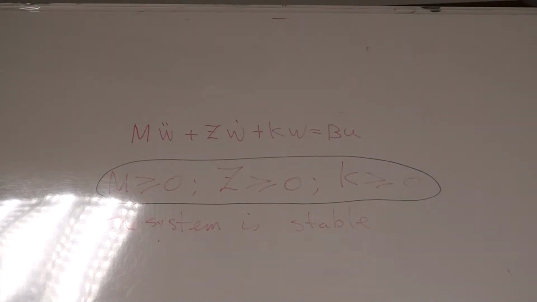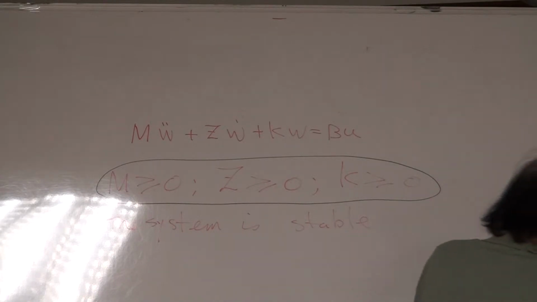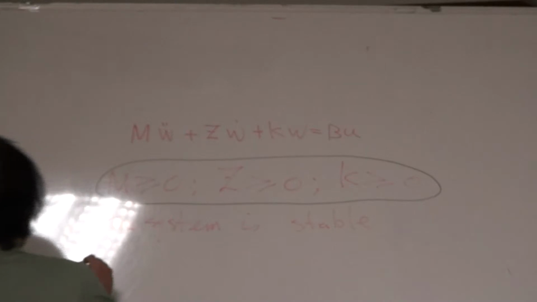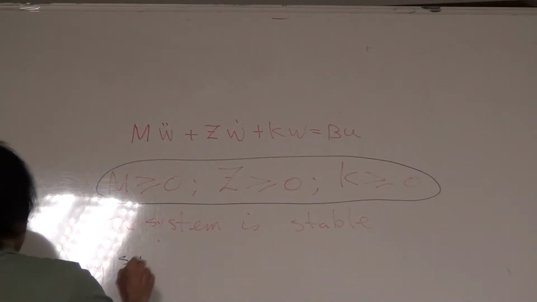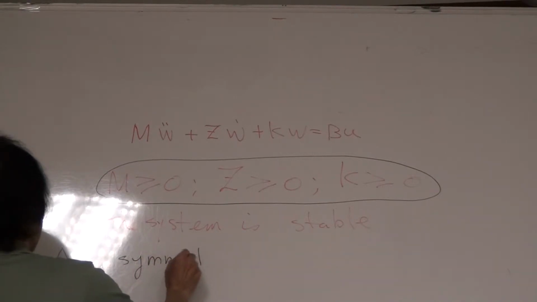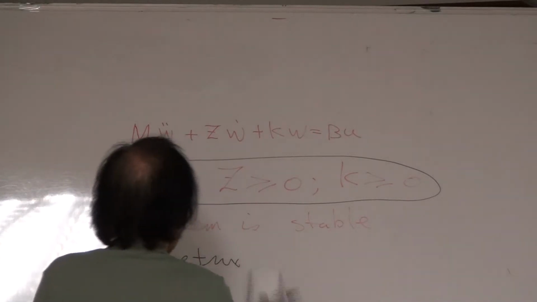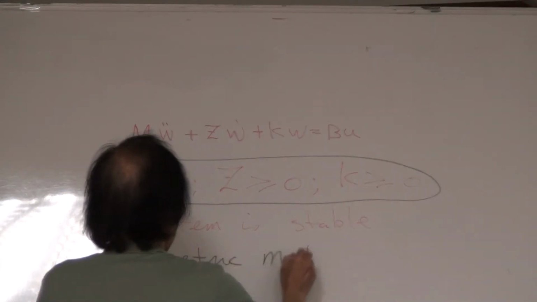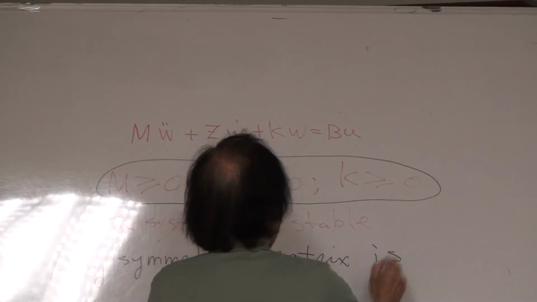then the symmetric matrix is always diagonalizable. There's a special property here. Any symmetric matrix is diagonalizable.